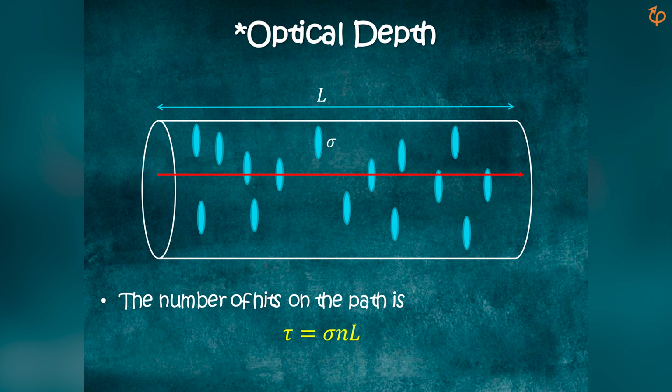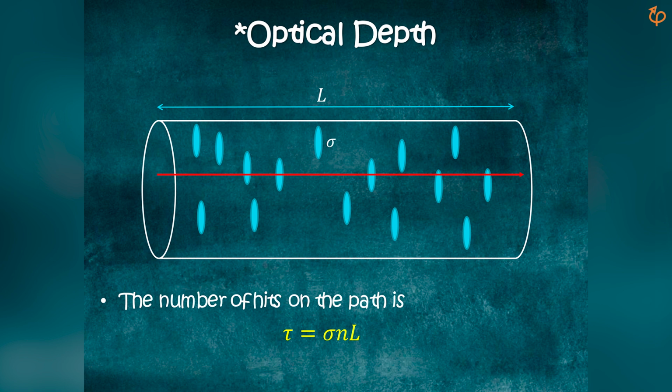So I can define a quantity which is called an optical depth. And an optical depth within this problem is representing the number of targets that this laser beam will hit on its way. And it is composed of three quantities. One quantity is the surface of each of these targets. Okay? This is the density, and this is the length that I need to cover. Okay?